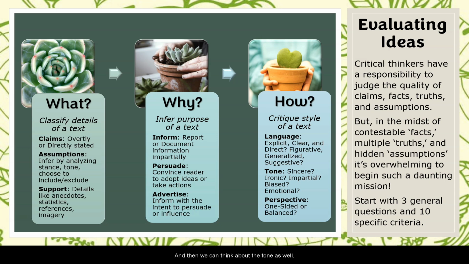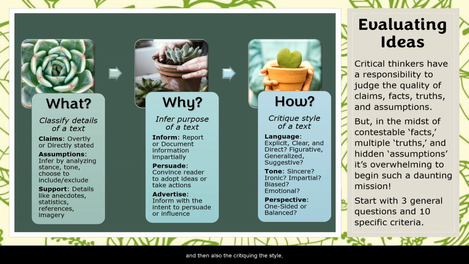And then we can think about the tone as well. Is it sincere or ironic? Is it impartial or biased? Is it emotional or detached? And then the difference between appearance and reality. Does it appear sincere, but it's actually manipulative? So that difference between, like I said before, the surface level and the deeper level: the presentation, the expectation, and then the true reality.